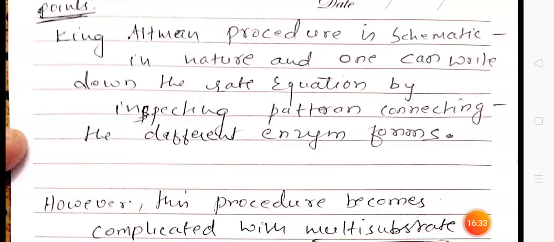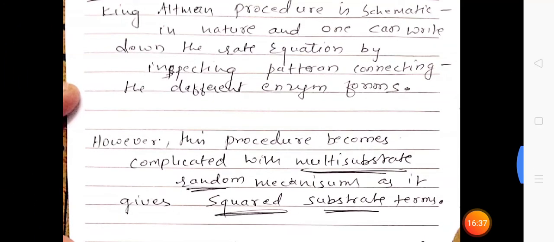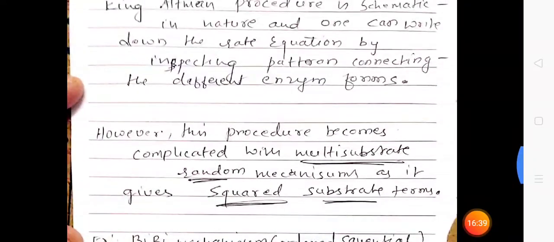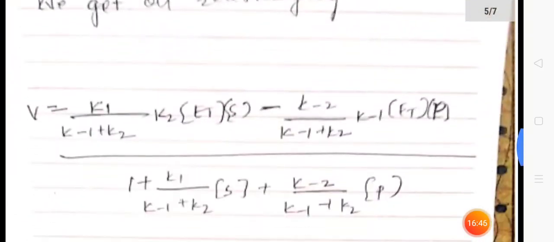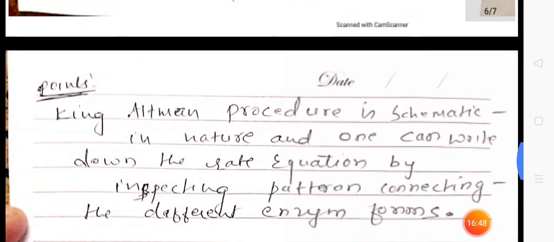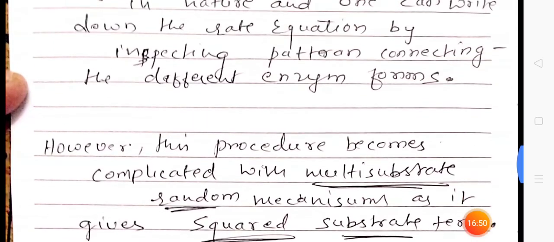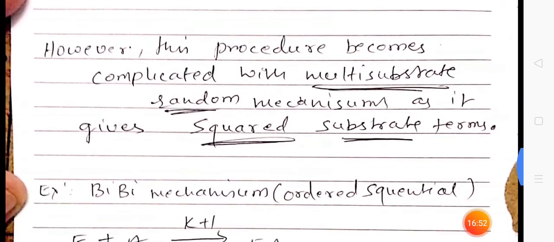This King-Altman procedure is very important, however it becomes complicated with multi substrate random mechanism.